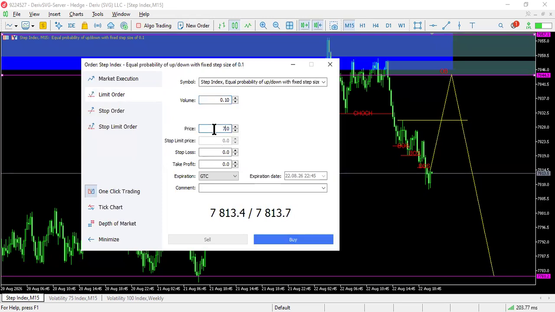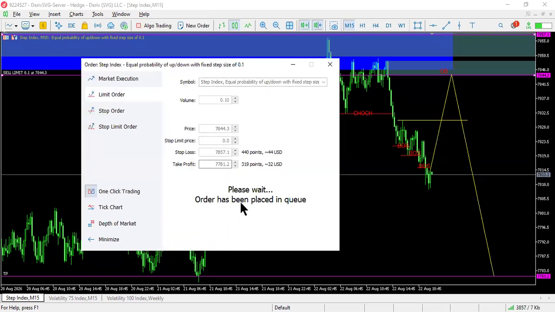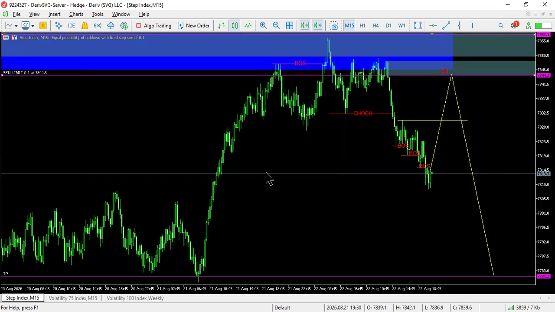Entry price at 7844.3, stop loss at 7857.1, and then take profit at 7781.2. Therefore, I've also placed my sell limit.